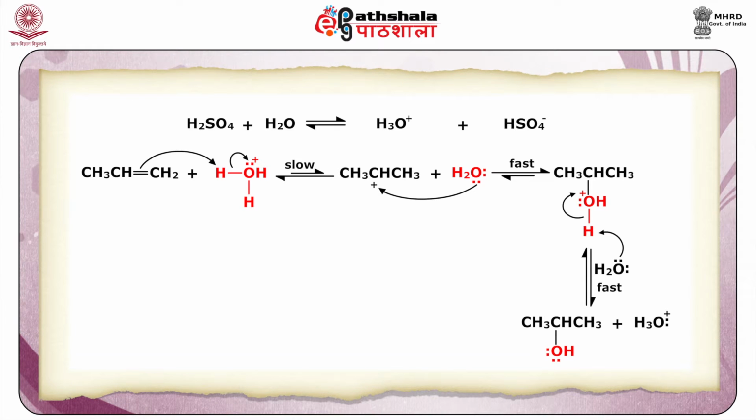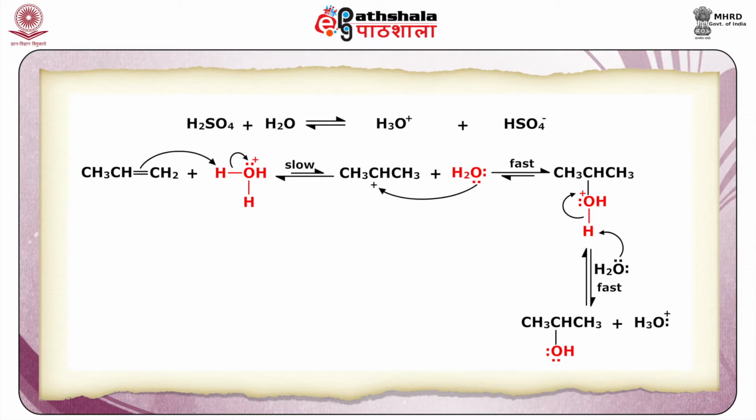The mechanism of acid catalyzed hydration you can see here. Let us take the case of propene as an example. The alkene double bond will be attacked by H plus, and the H plus is coming from the acid we have added here, sulfuric acid, which will result in the formation of H3O plus in aqueous medium.